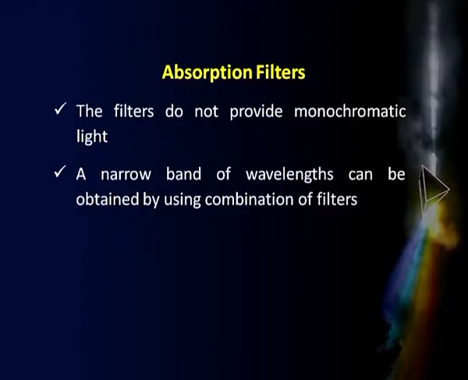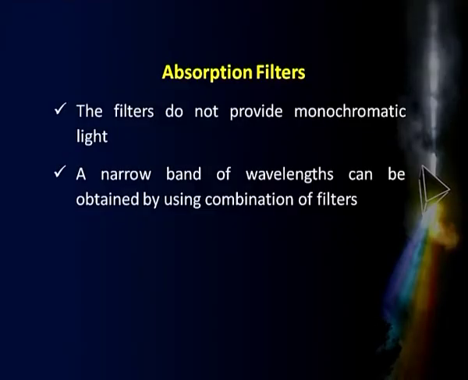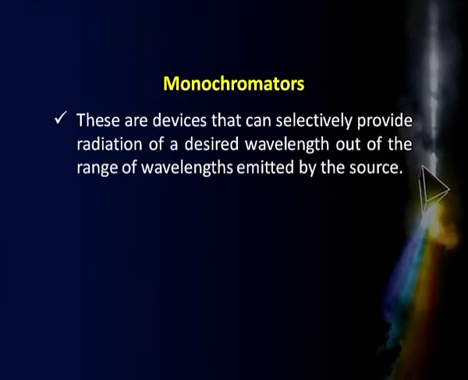That is possible, but all said and done these are still very crude components to be used in the measuring devices. Now, monochromators are used more often, most of the instruments employ monochromators. As the name goes, monochromators are devices that can selectively provide radiation of a desired, particular wavelength out of the whole range of wavelengths given by the source.